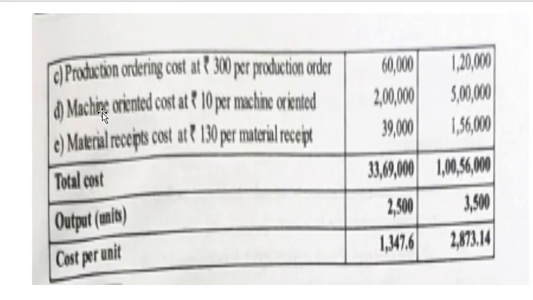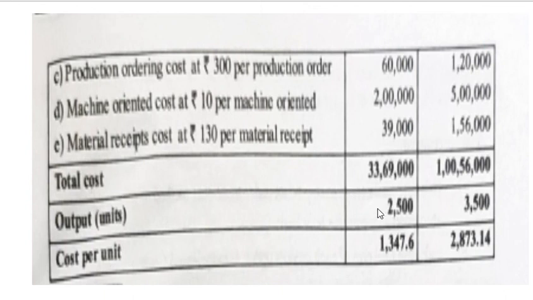So when we add up all your activity costs with your prime cost, we will arrive at a total of 33,69,000 for P, and it is 10,56,000 for Q. I'm sorry, the total for Q is 1,56,000.